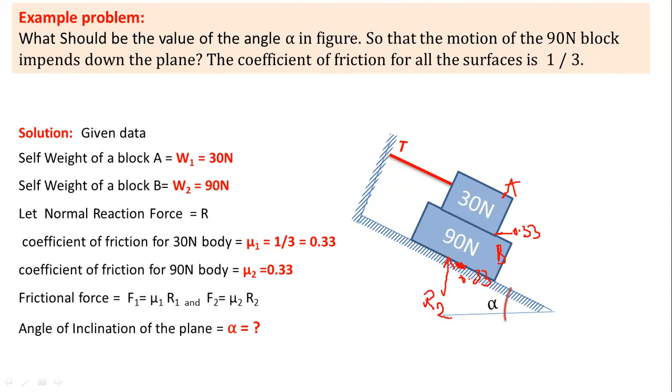The normal reaction between the 90 newton block and the inclined plane is R2, and R1 is the normal reaction between block A and B. The friction force between the 90 newton block and the plane is F2, F2 equal to mu2 R2, and F1 is the two equal and opposite frictional forces between block A and B, F1 equal to mu1 R1.